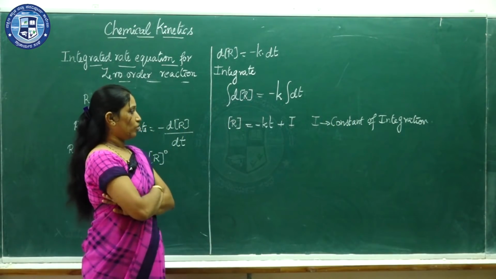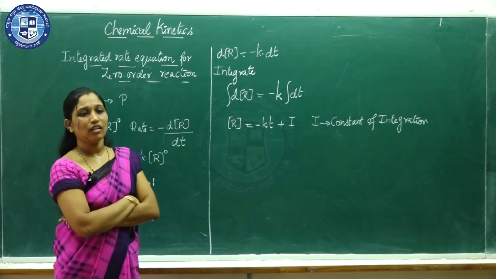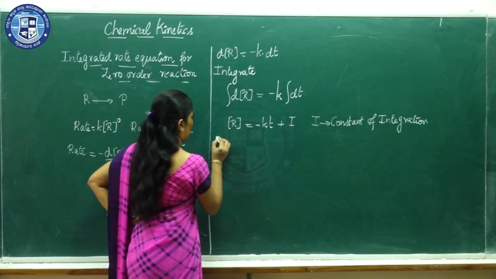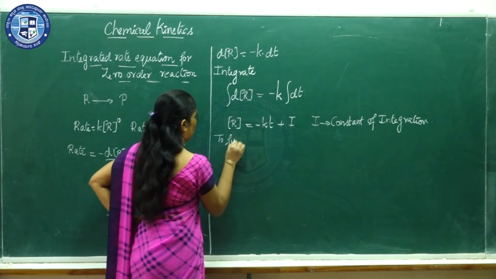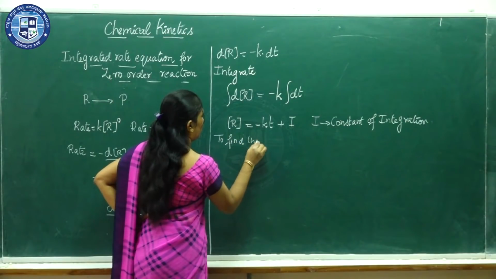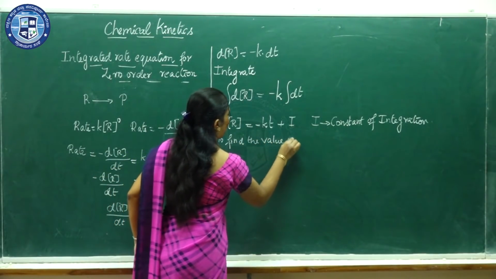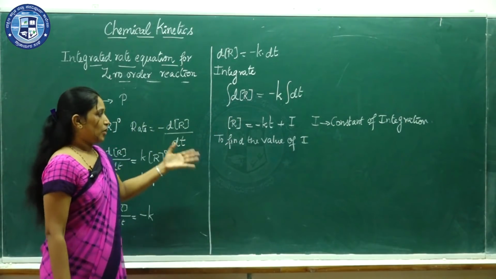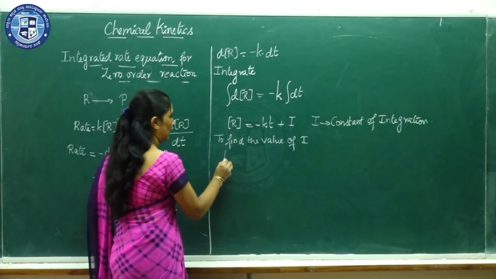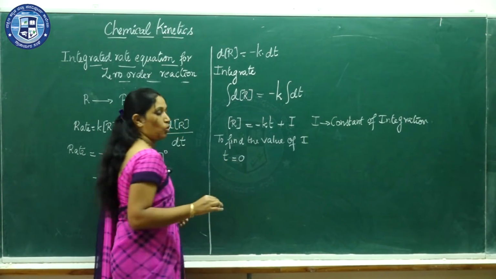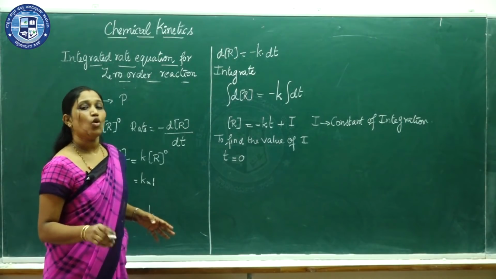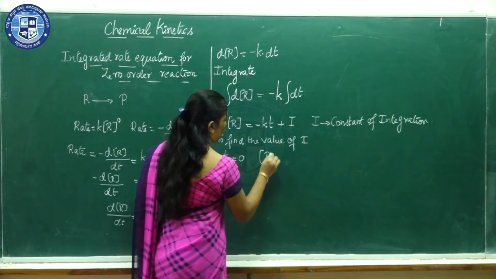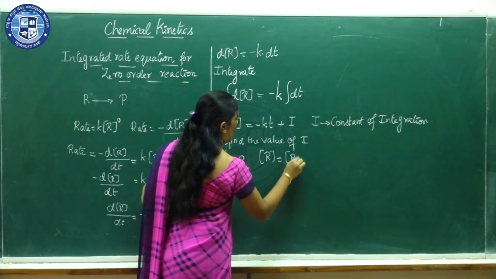So now we have to find the value of I. How to find the value of I? I will be using a simple trick: I will put t is equal to 0. At time t is equal to 0, what is the concentration of R? Take it as R naught.